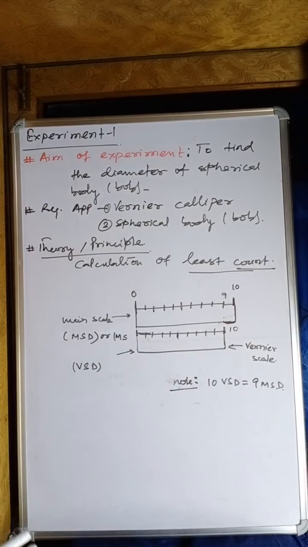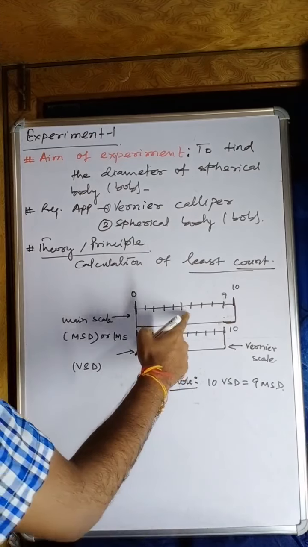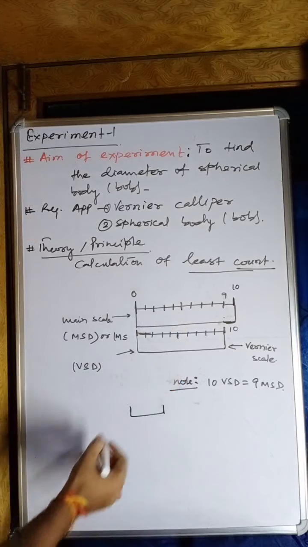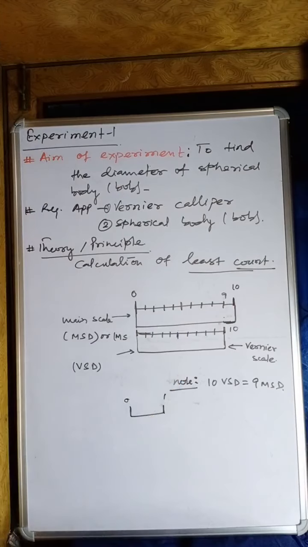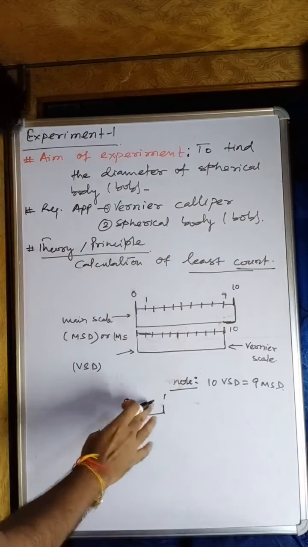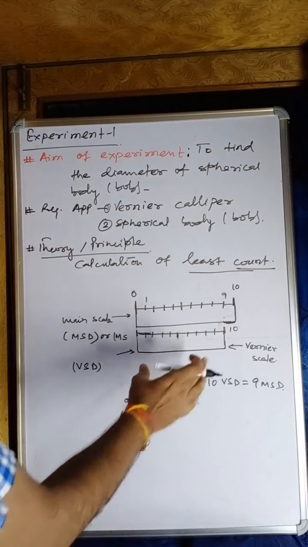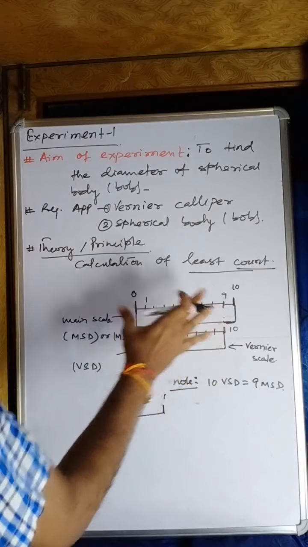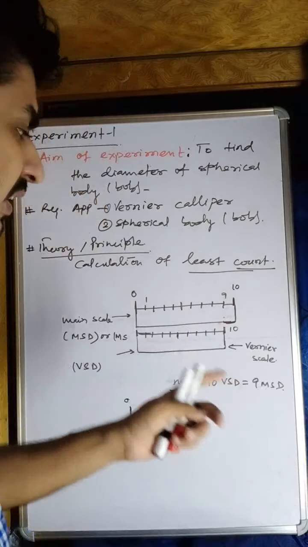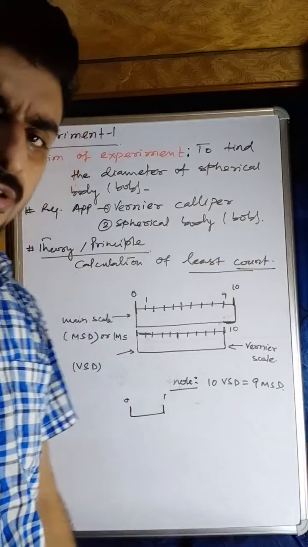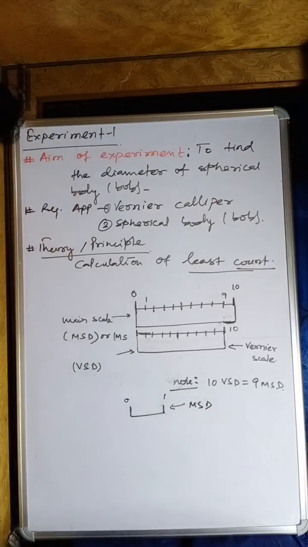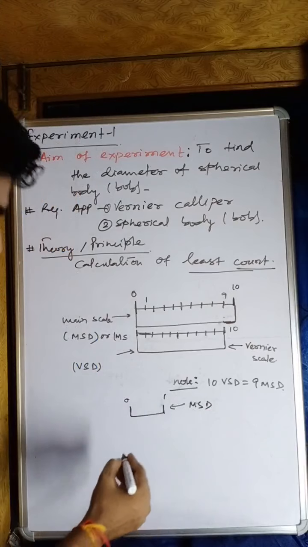So it is quite obvious, my dear students, using this main scale, suppose one main scale reading is of this length. Okay, this is the 0 and this is the first division, 1, 2, 3. This is the first I am representing here. And if 10 divisions of the vernier scale are equivalent to 9 divisions, it means the divisions of the vernier scale are a little shorter compared to the divisions of the main scale. If this is the main scale division, then the vernier scale division should be a little smaller.